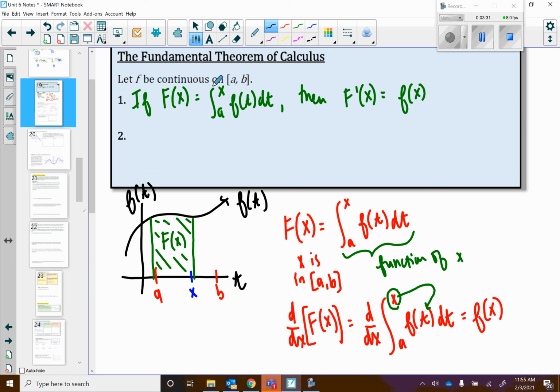The integral we know is the area under the curve. It's also a mathematical operation. It's basically summing up a rate of change. So this is the first part of our fundamental theorem of calculus, and I'm going to make this picture down here a little smaller.